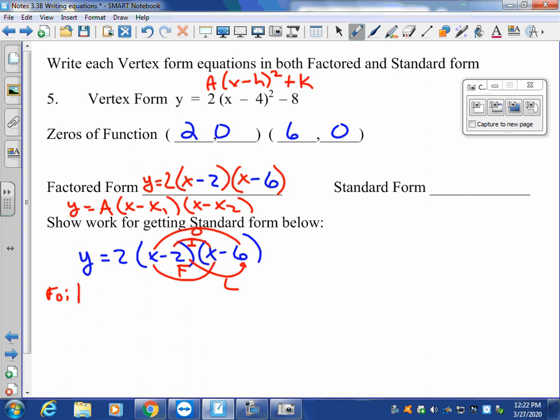Multiply those items together and see what you get. To do that, the 2 on the outside has nothing to do with that. Again, I'm going to take that away and do it one piece at a time now. So y equals 2. First times first is x squared.